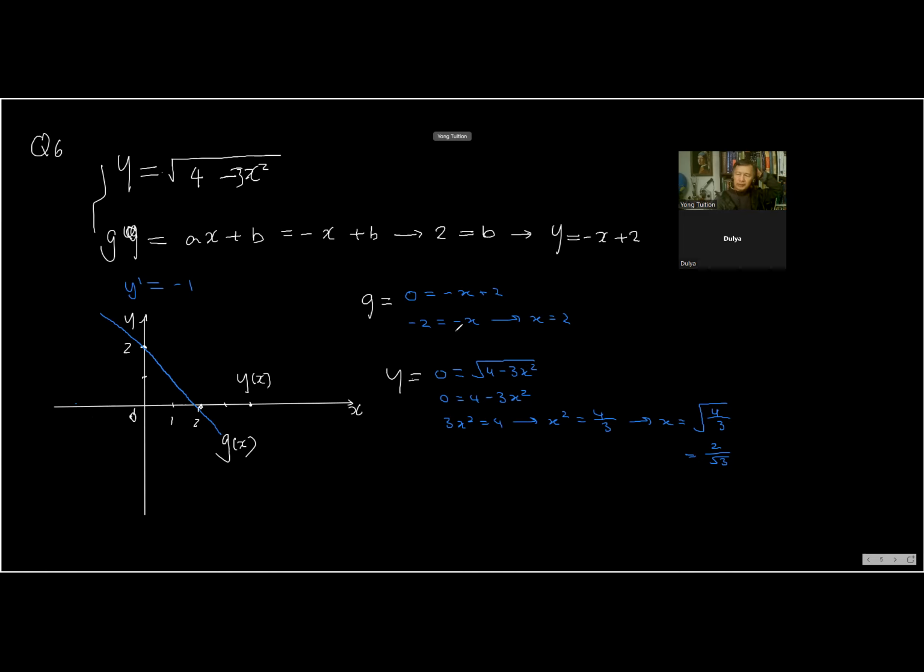2 divided by root 3? About 1 point something, 1.5, 1.3, 1.1 or 1.2. 1 divided by 1.7, 2 divided by 1.7, that's 1.17, right?